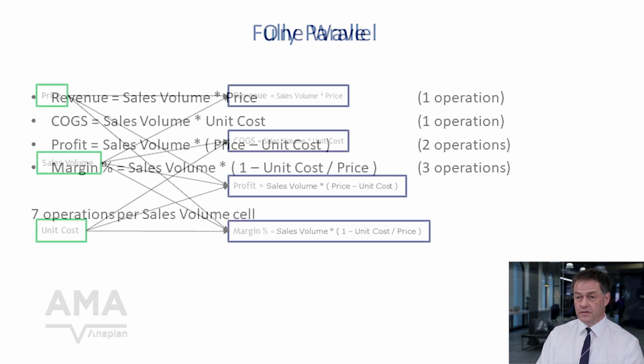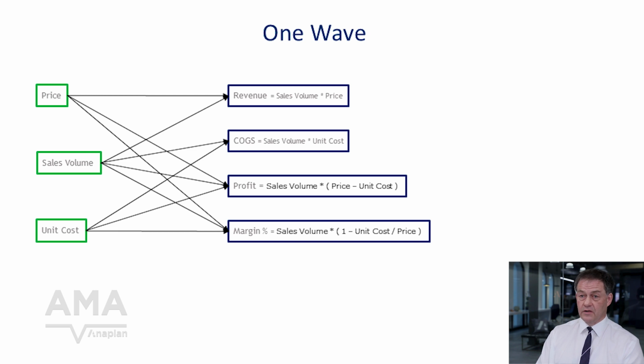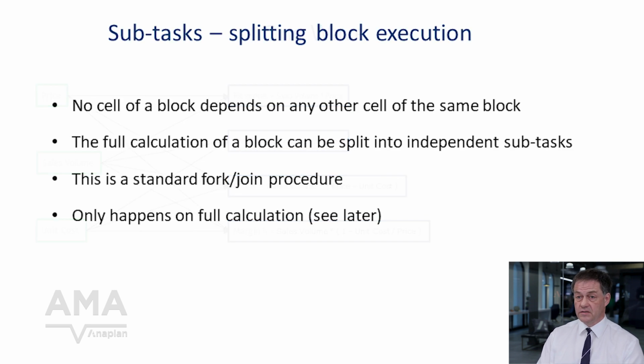However, if you look at the sequence of the calculations, you'll find that each of those calculations can be done alongside the others. They can be executed in parallel. And one of the things about the way the Anaplan calculation engine works is that as it calculates the consequences of any change, or as it does the full calculation of the line items when the model loads, it has 144 threads to do those calculations.